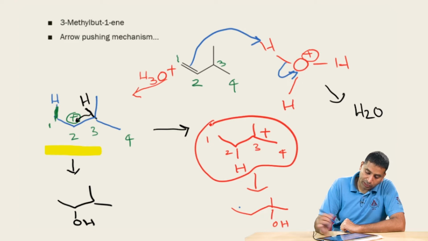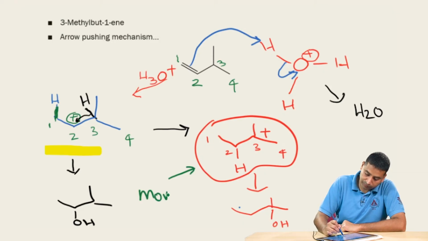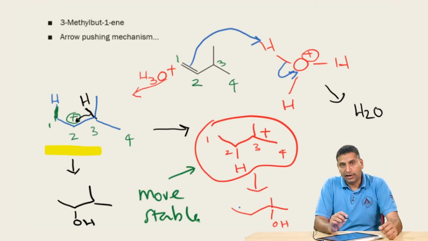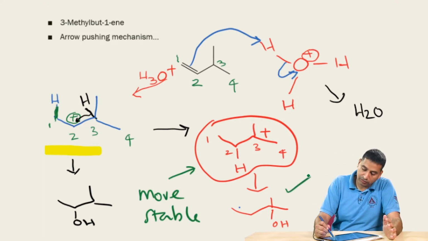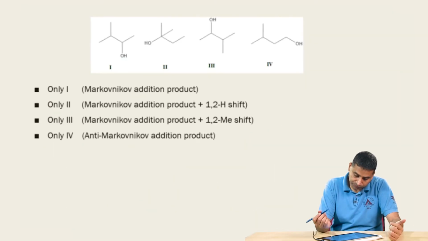Okay. So, what I would suggest is that this carbocation that is formed here is the more stable carbocation, and therefore, this would be the major product.